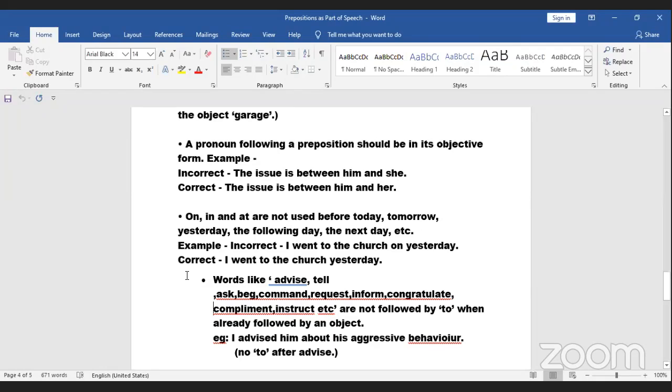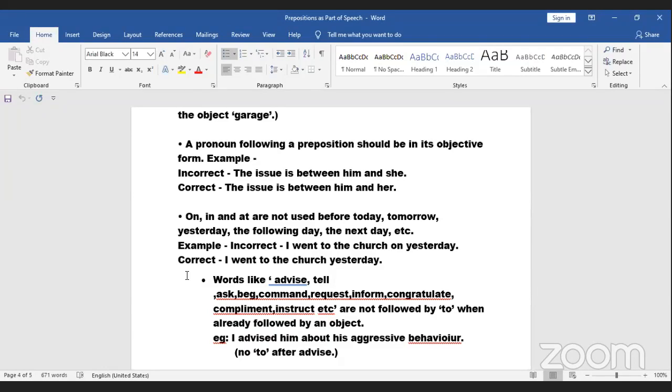Now, a very important thing: whenever we say tomorrow, yesterday, the next day, or today, we do not use on, in, or at. I will not say the program is on today. The program is today, or today is the program. We do not say on. Similarly, "I went there on yesterday" is wrong.